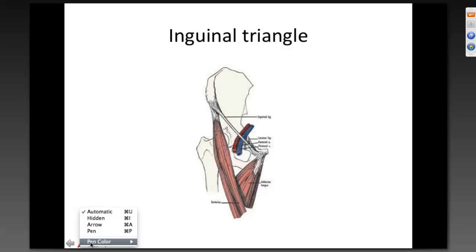I'm going to get out my pen here. Okay, so I'm tracing in blue now that ligament, the inguinal ligament. Now I'm going to trace in red the inferior epigastric artery.